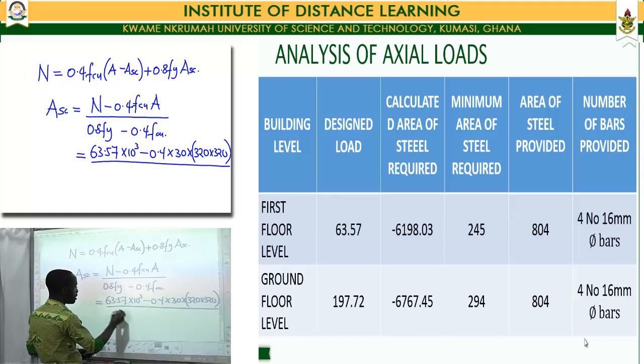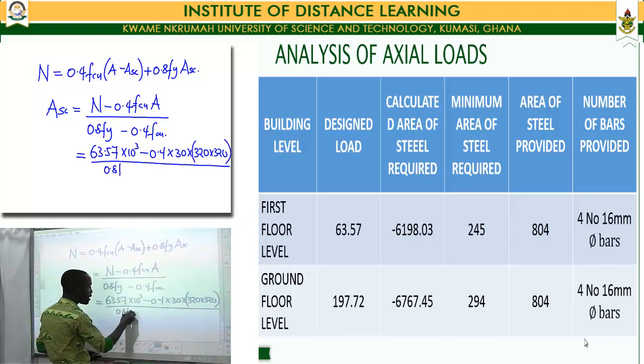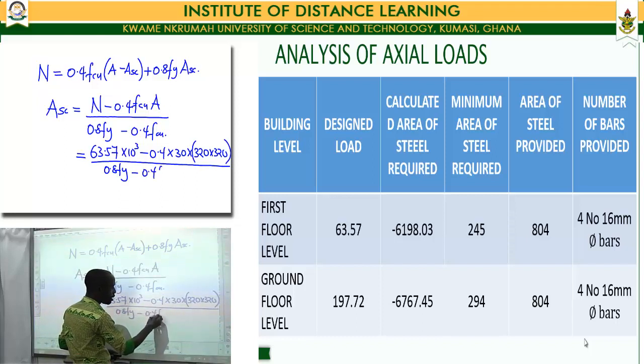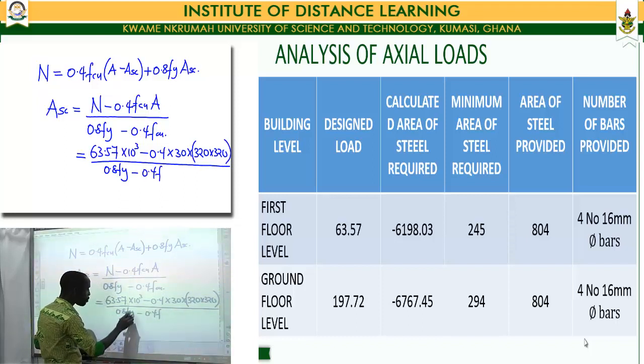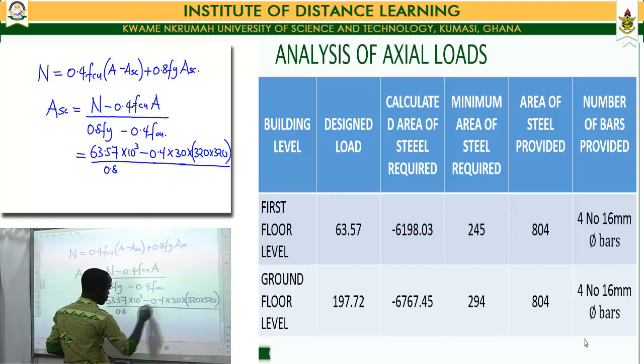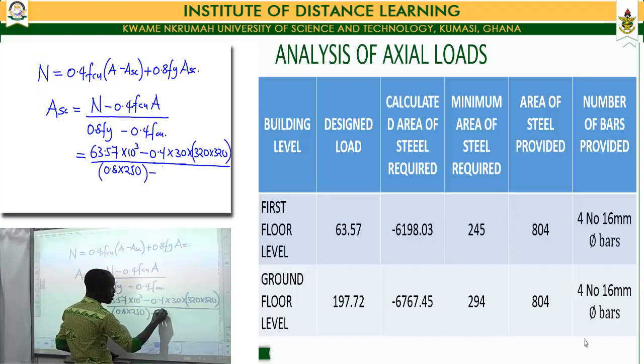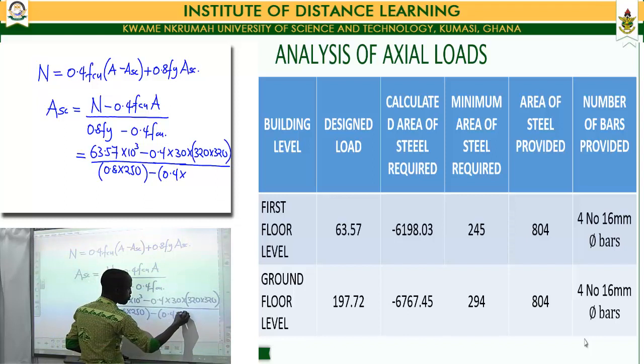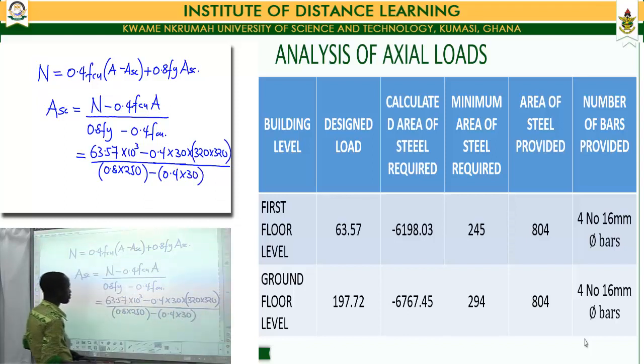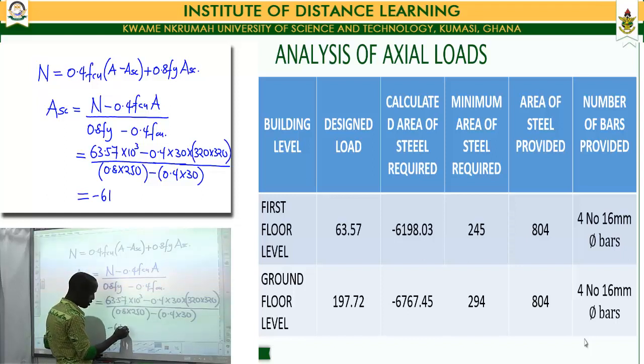Everything divided by 0.8 FY minus 0.4 times 30, where our FY equals 250. The area of reinforcement value that was arrived at equals minus 6198.03.